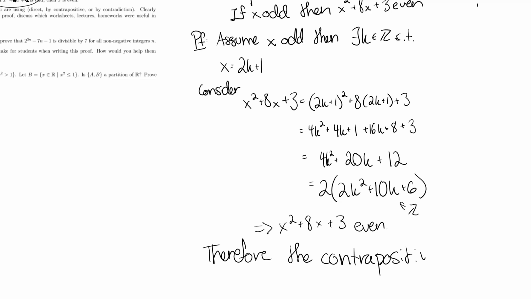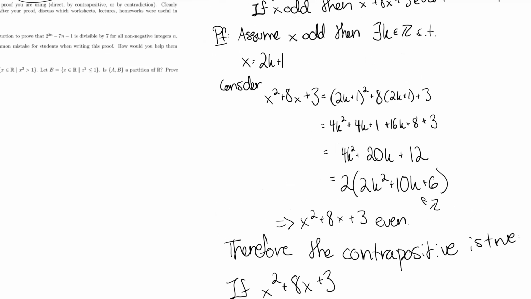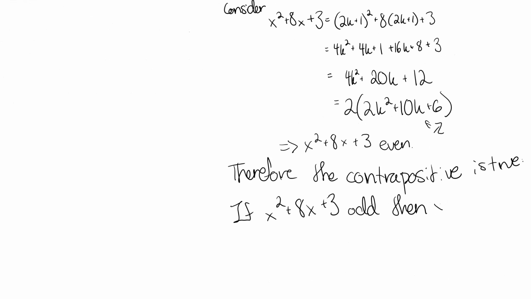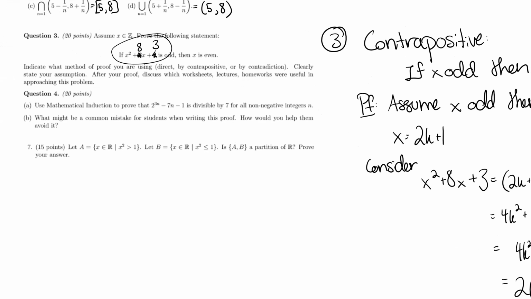Because notice that the contrapositive of the contrapositive is the original statement. So let's state it. It's that if x squared plus 8x plus 3 is odd, then x is even. Boom, roasted.